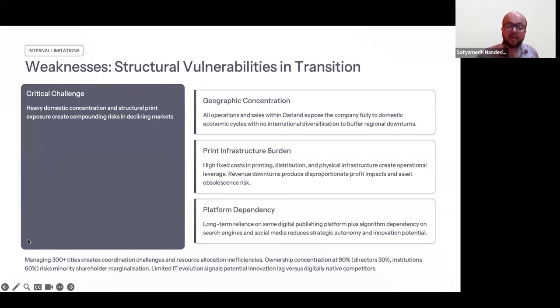Like I said, 300 plus titles is over diversification. There are resource allocation issues as well. It's too much work to be done, and keeping up with 300 different publications and magazines would be a difficult task.